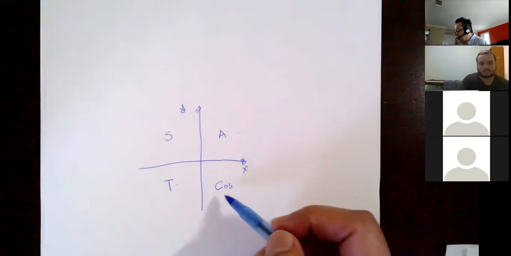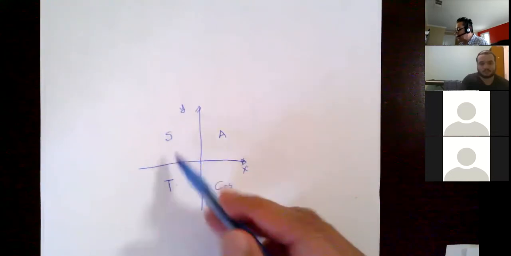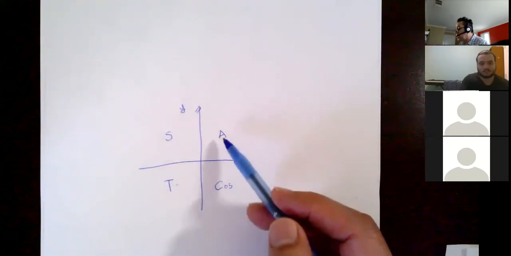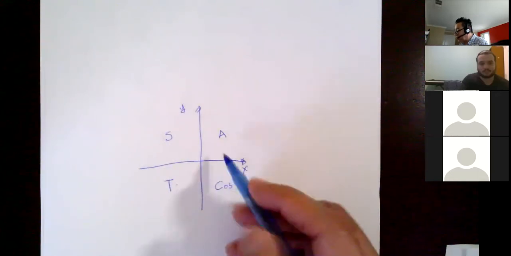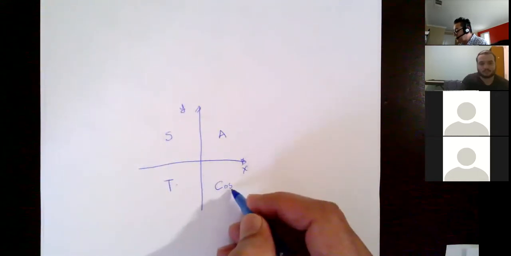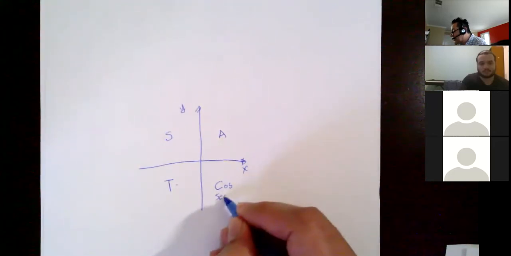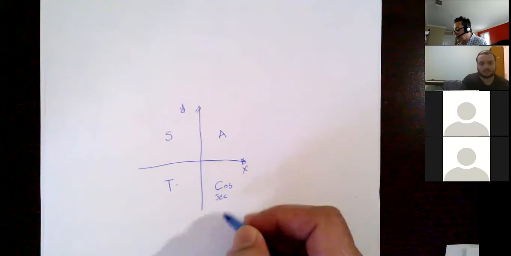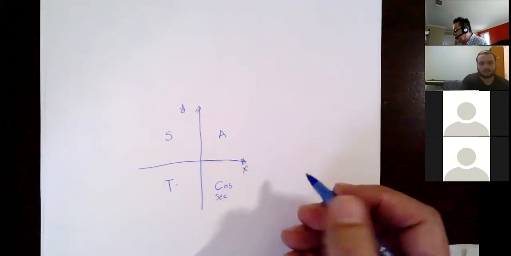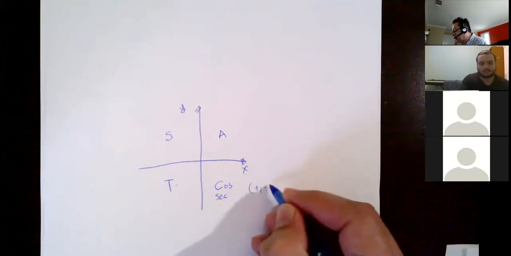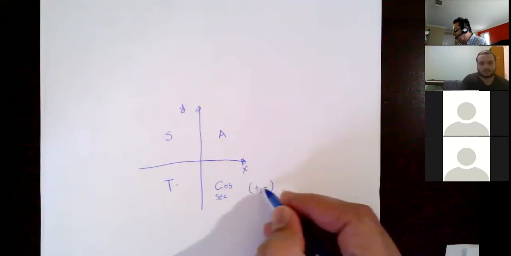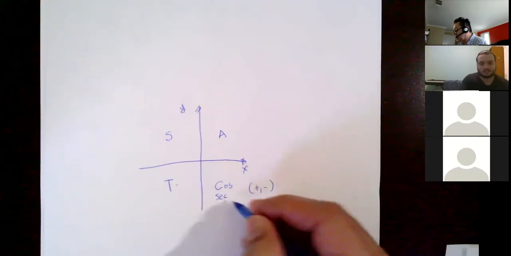Here, these trig functions are the functions that are positive in each quadrant. In quadrant 4, the cosine is positive, and also the reciprocal of the cosine, which is secant. Cosine and secant, both of them are positive. Remember here, we have positive, negative. So cosine and secant are positive here.